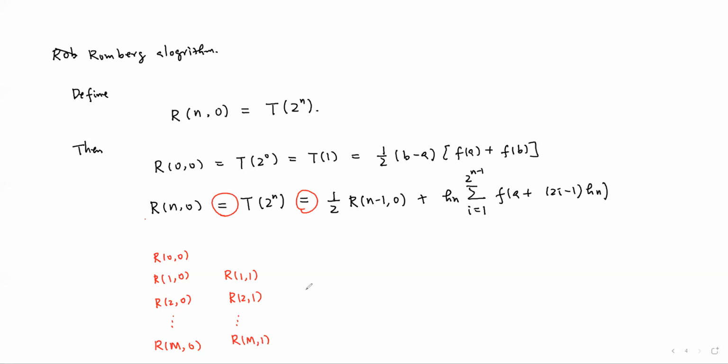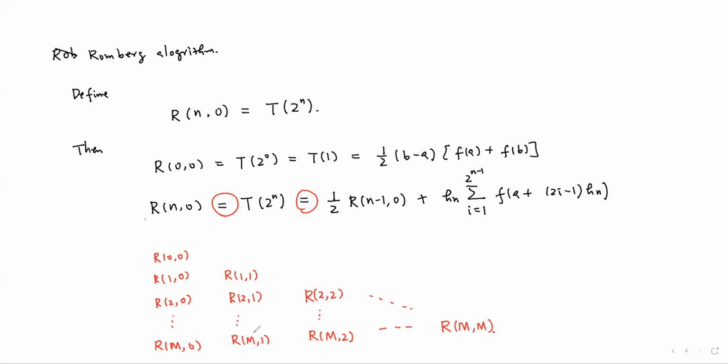The third column is R(2,2), R(M,2), and so on. It is a lower triangular array, and the last one is R(M,M). The first column is just the trapezoid rule.